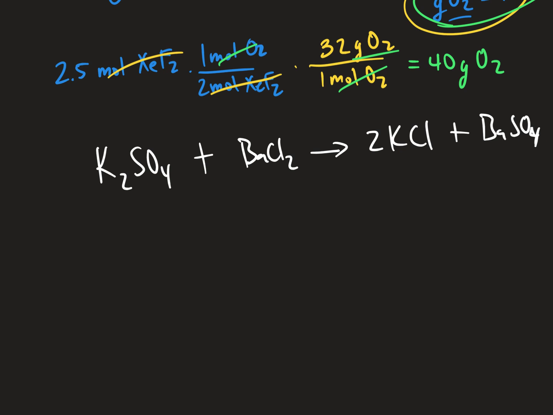Precipitation. Which one is the precipitate? Which one forms a solid? KCl or BaSO4? Use your chart. Get that down. Either that or put your chart on your little reference card. BaSO4.